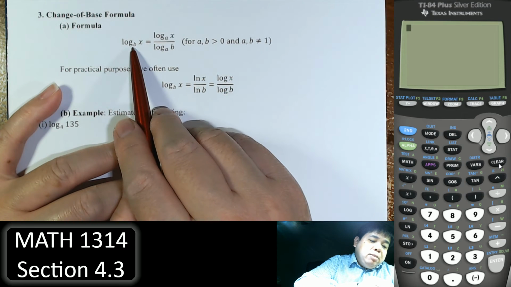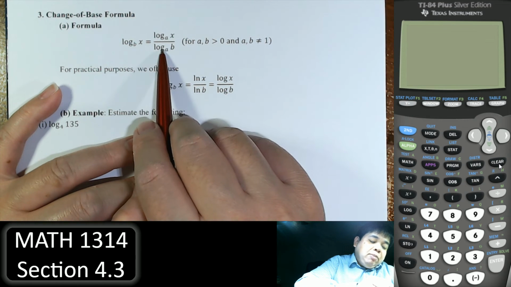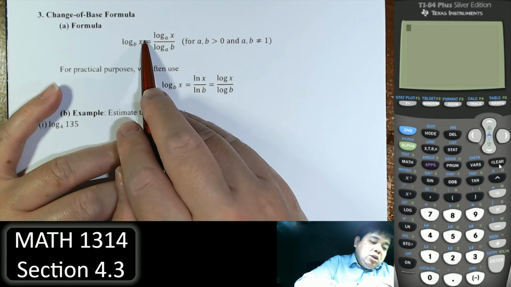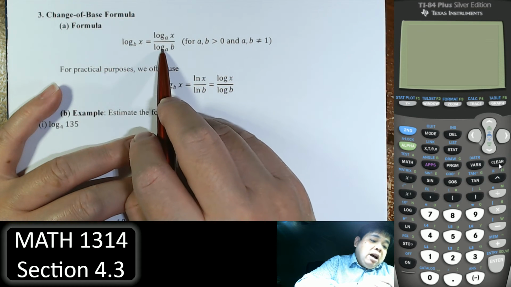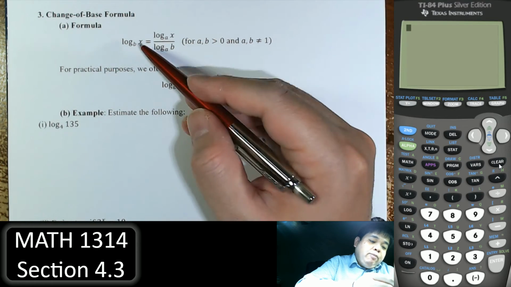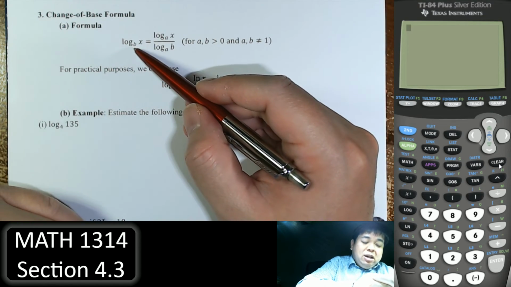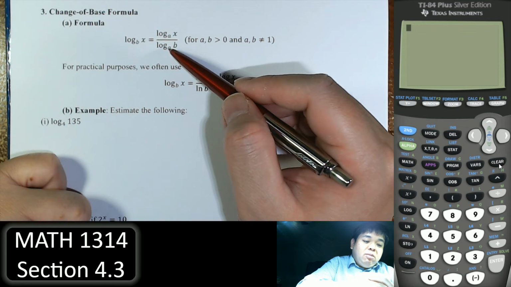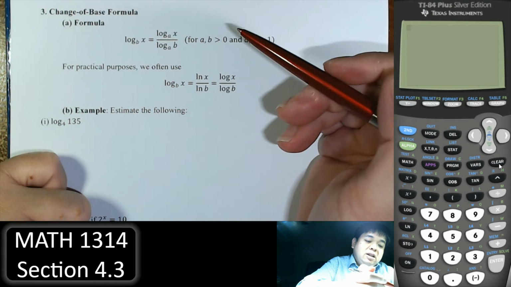So we go from base B to base A. The way we do that is we just take the log of any other base up to the argument and log of that other base to base B. So we have x on the above, b below. So we have log of any base of x divided by log of b.